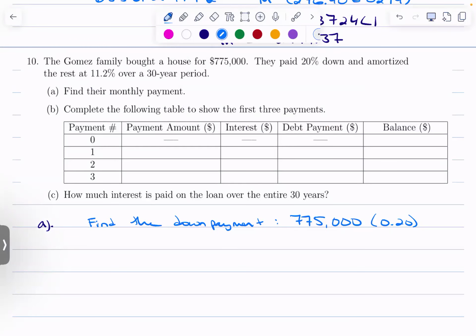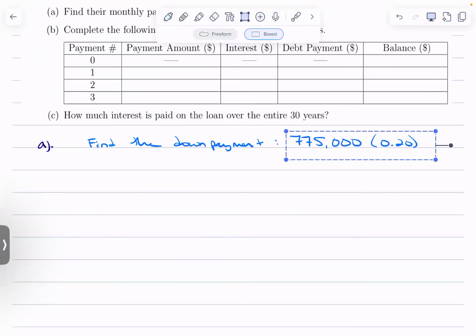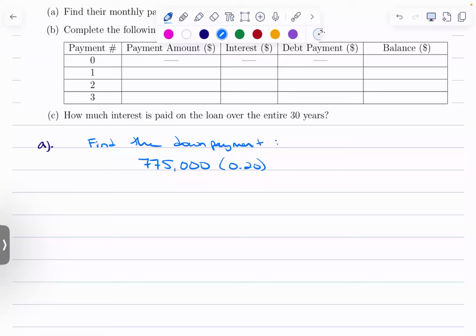Right, 20% of 775,000. Times 0.2. That's going to be $155,000.